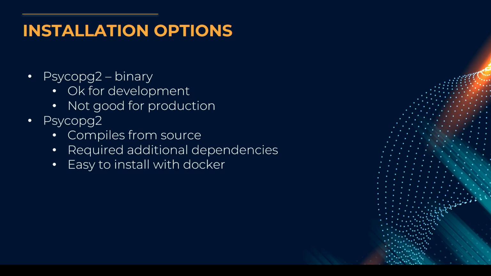We are using the same Docker image every time we run the project, so there's no need to worry about finding the right package for Mac OS, Windows, or any other OS because it's running inside a container. We know exactly which package we need to install, and we can easily include them in our Docker setup. So psycopg2 is what we are going to be using in this course.